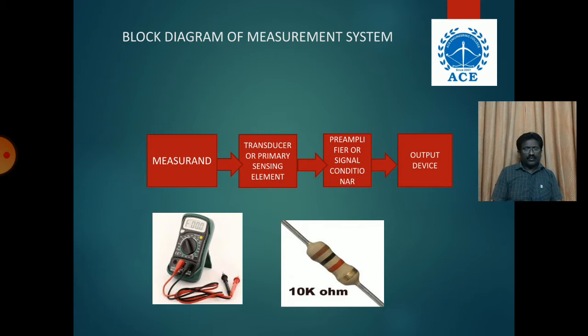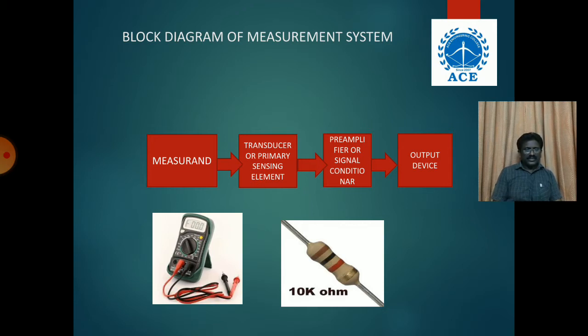Actually this has 4 blocks. The first block represents the measurand. Second block, transducer or primary sensing element. Third block, pre-amplifier or signal conditioner. Fourth, output device. These are the blocks in the block diagram of a measurement system.